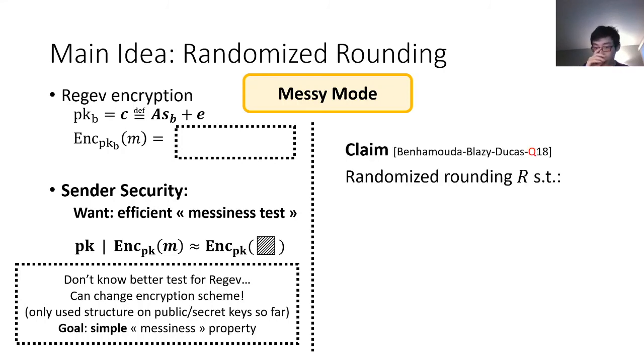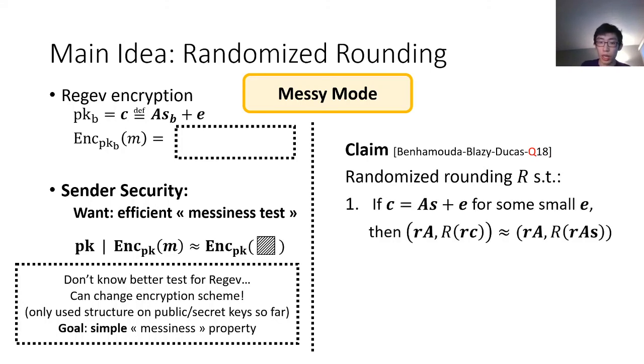Our main goal for that will be to use a randomized rounding function with the following property, which has been introduced in prior work. If C looks pretty much like a good public key, then we have this indistinguishability, this approximate equality rather.